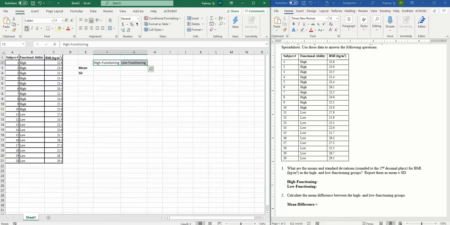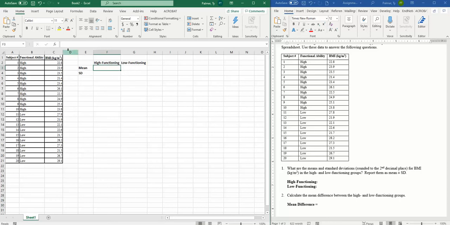And then we can bold it too, just to make it a little bit easier to see. By making these labels, basically we're saying that the mean and standard deviation for the high functioning group will be in this column, and the mean and standard deviation for the low functioning group we'll put right here.